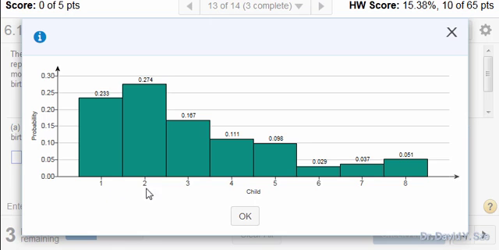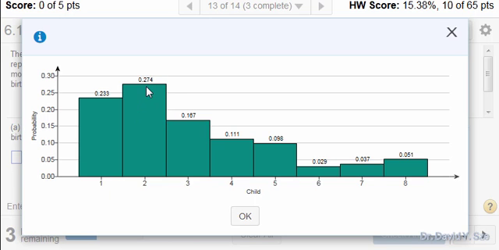This is discrete. We can list the possibilities, 1, 2, 3, 4, 5, etc. These probabilities: 23.3% of the women, this is their first child.